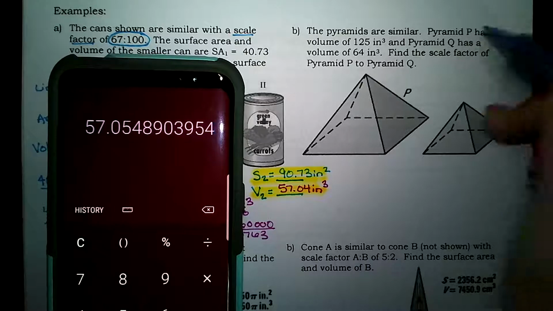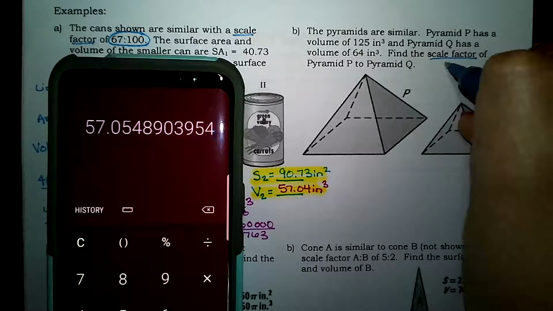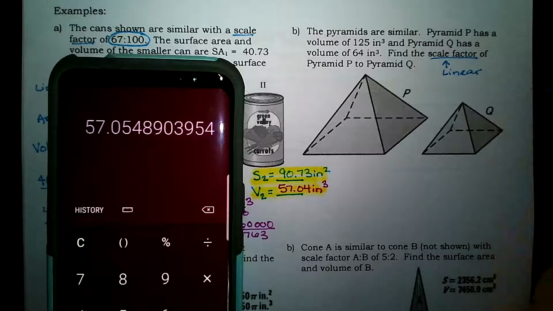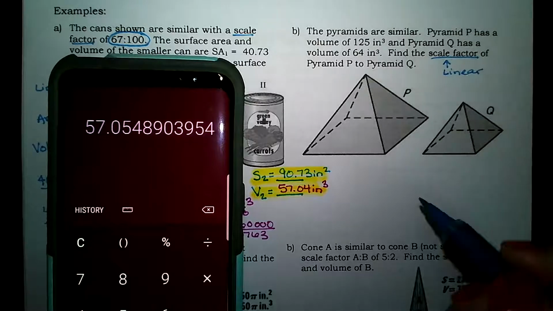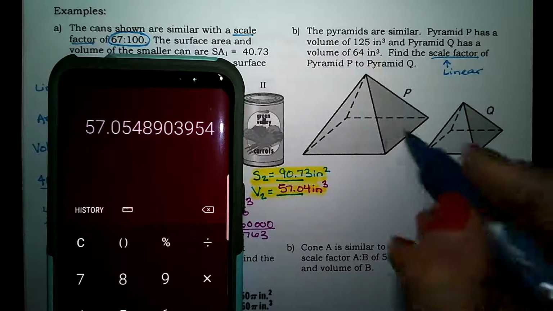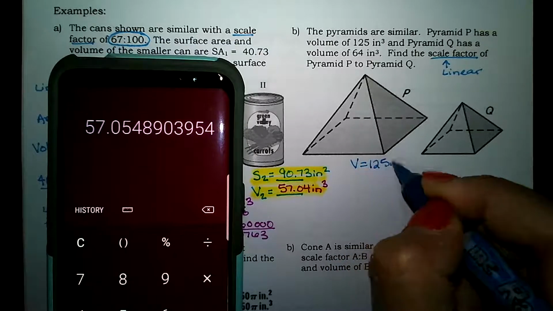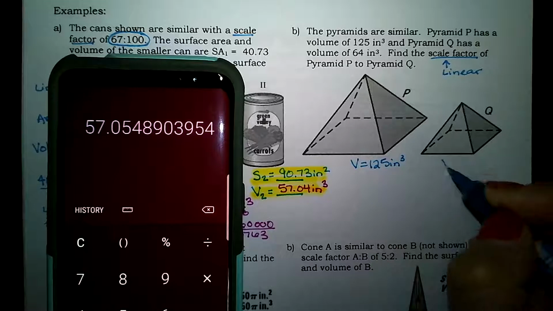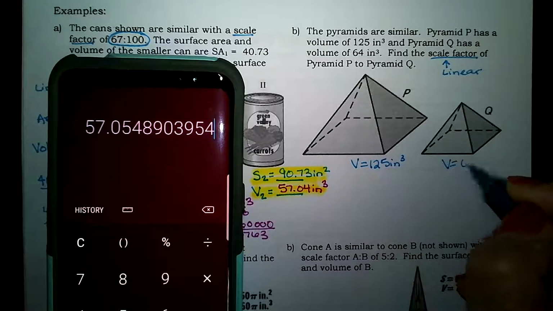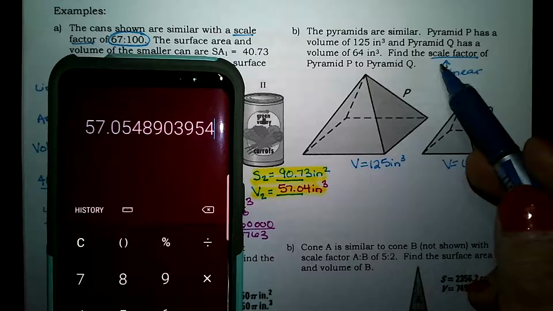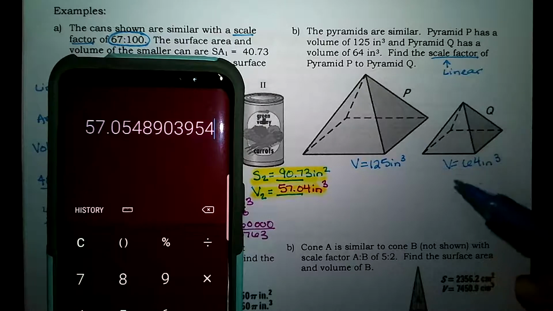Find the scale factor, that means linear, from P to Q. All right, so let's go back and write some stuff down. The volume of the larger pyramid is 125 inches cubed. The volume of the smaller pyramid is 64 inches cubed. The question wants to know the linear scale factor.